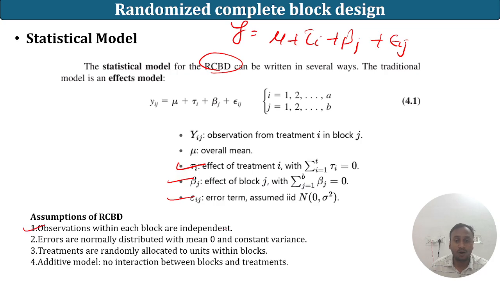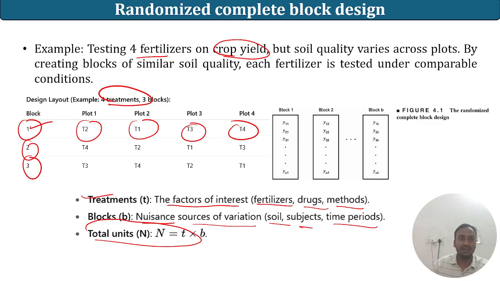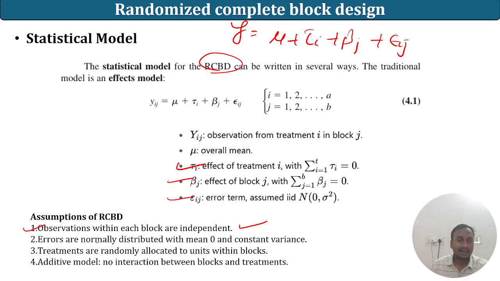Observations within each block are independent of each other. Errors are normally distributed with mean zero and constant variance, similar to the assumptions we make in ANOVA. Treatments are randomly allocated to the units within each block.